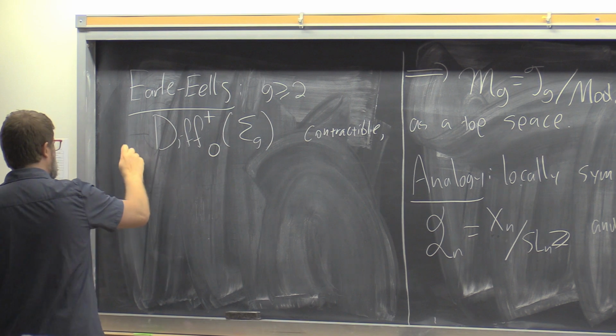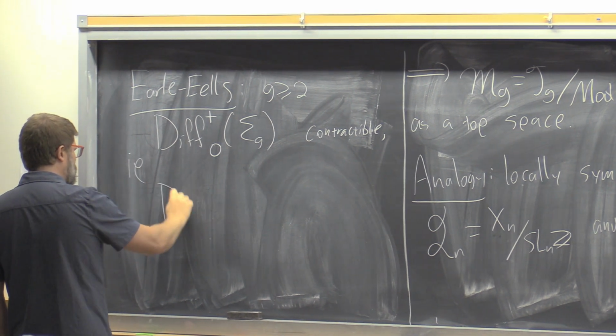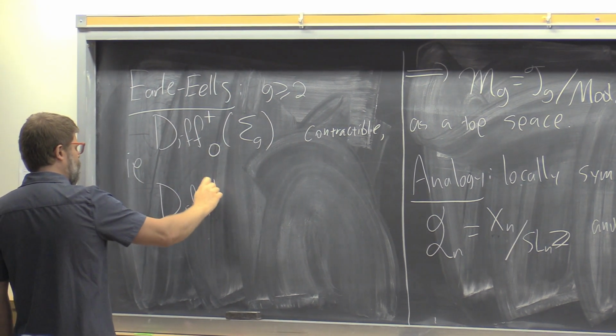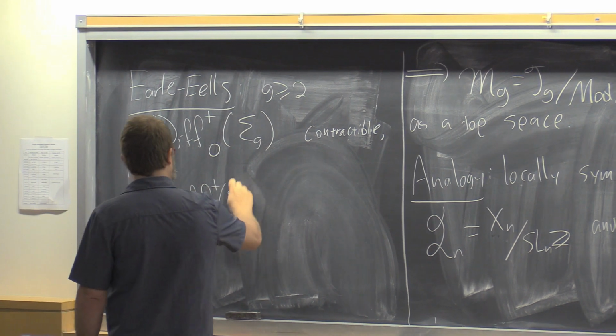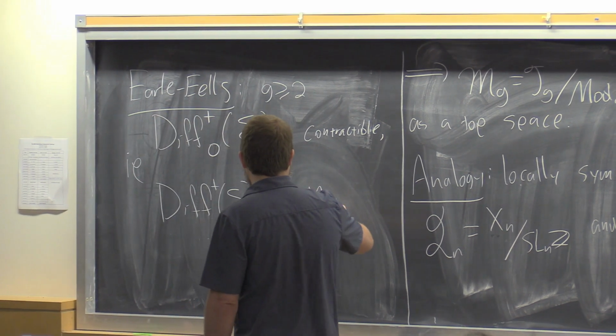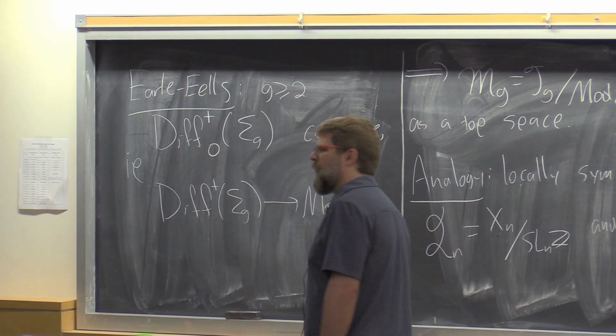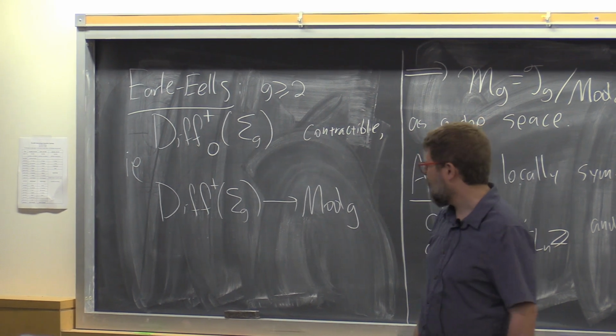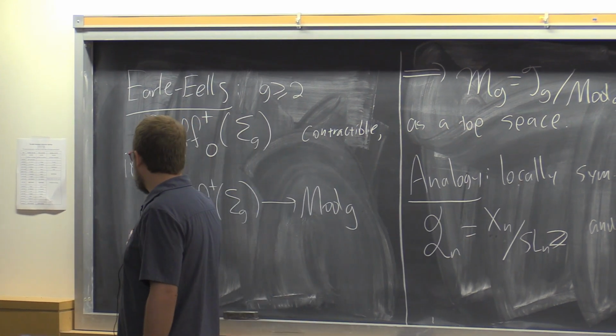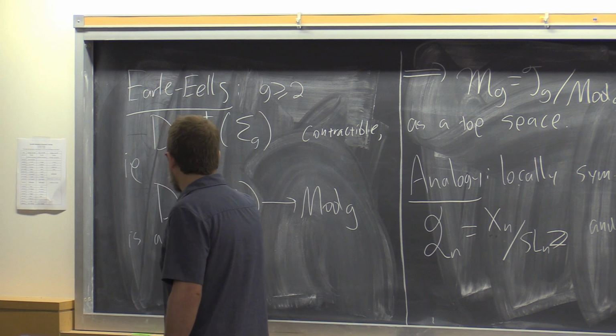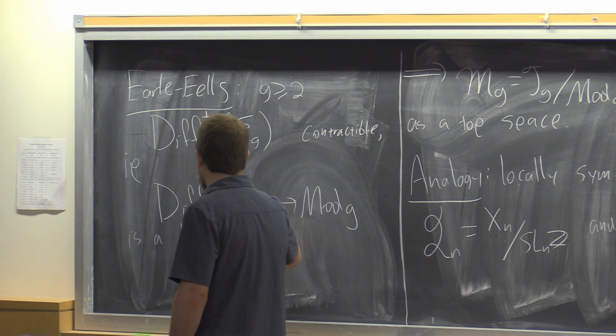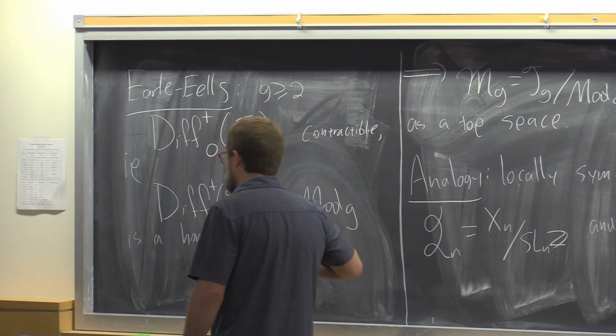So the projection from the diffeomorphism group of Σ_g to the mapping class group is a homotopy equivalence.